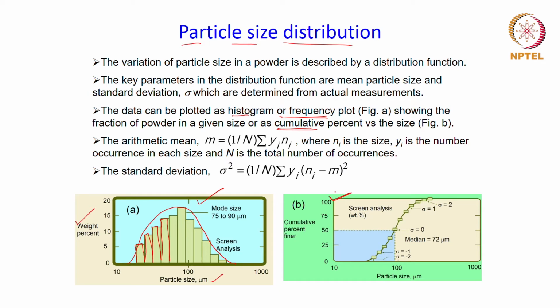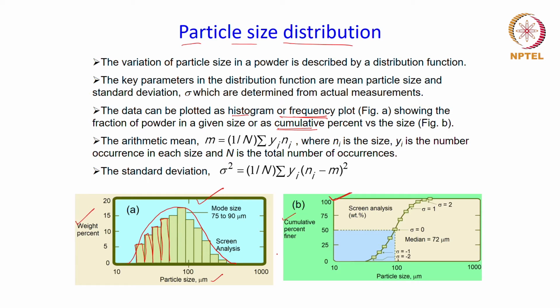Okay. So, this cumulative plot will be obtained if you add up the previous sizes and then plot it as a function of cumulative percent finer. The same data can also be plotted the other way, for example, as a function of cumulative percent larger.